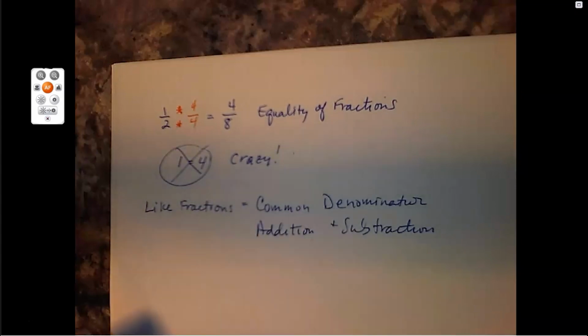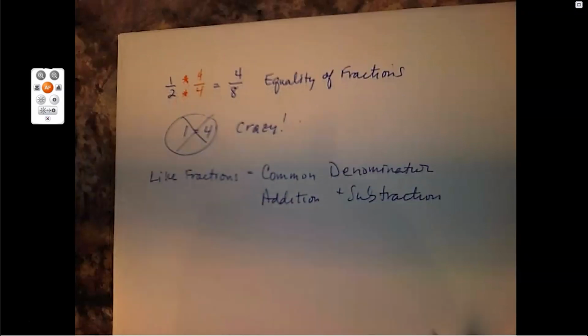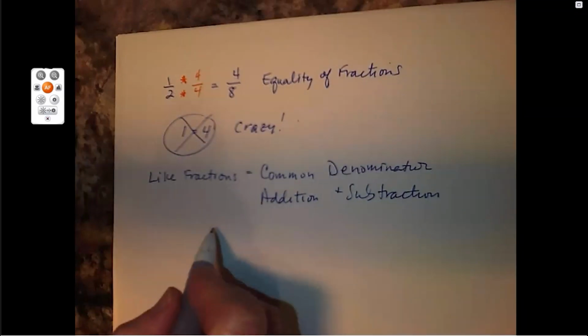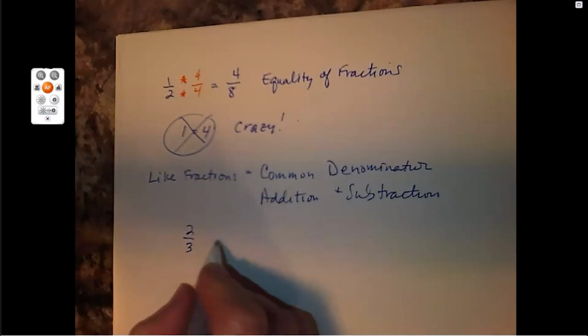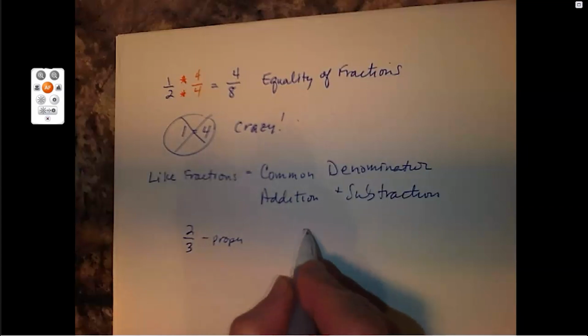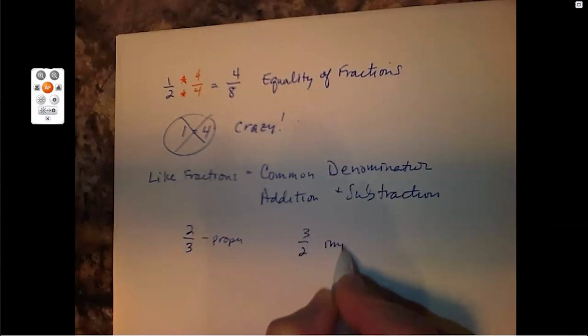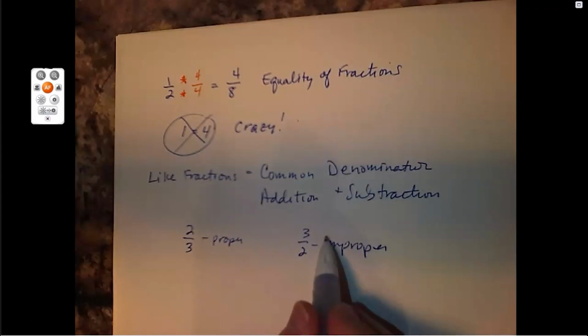Hang on to that. And then we have these different kinds of fractions that I just talked about a minute ago. So for example, the 2/3 example is a proper fraction. 3/2 is improper. Now, I've always kind of thought that that was a raw deal to call this improper. It's perfectly fine. There's nothing wrong with 3/2.